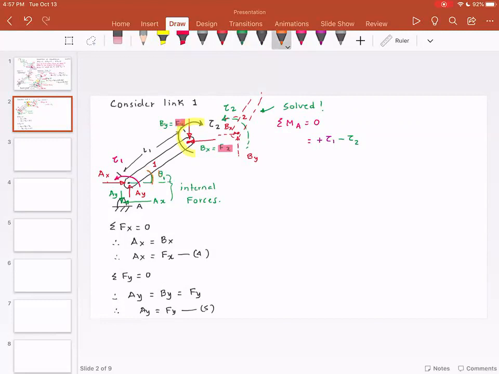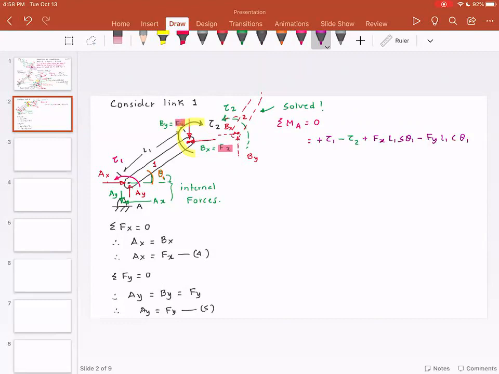So this force Fx and Fy is going to give you moment, and these moments are F of x L1 sine theta 1 minus F of y L1 cosine theta 1.